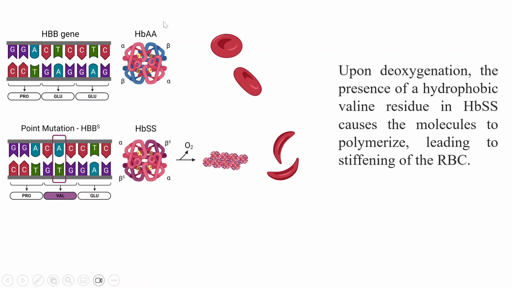In the healthy individual, the beta subunits have glutamic acid, whereas in the diseased individual, the beta subunit has valine instead of glutamic acid, which leads to the stiffening of the RBCs. So the mutation is in the 6th position of the beta chain, where the glutamic acid or glutamate is replaced by valine.